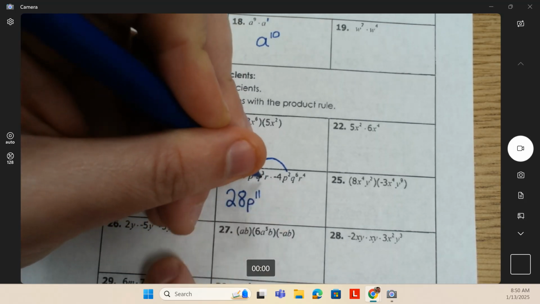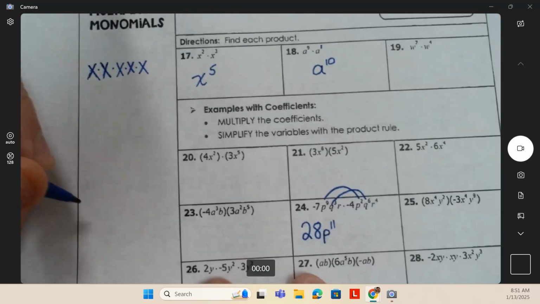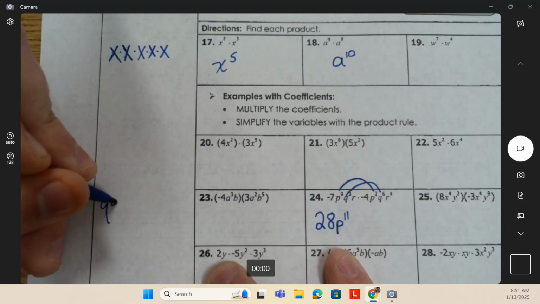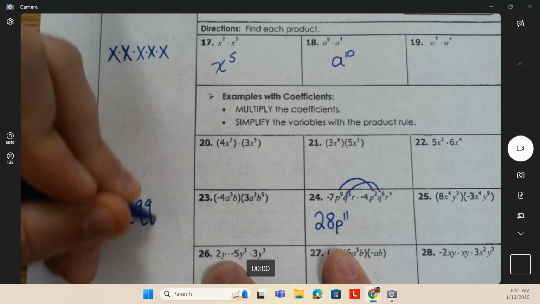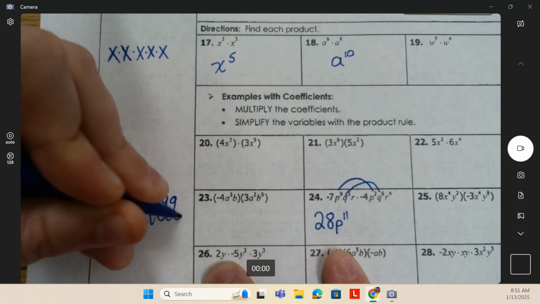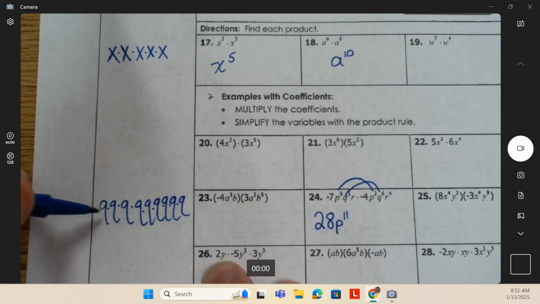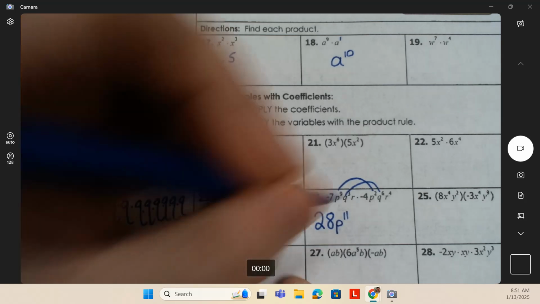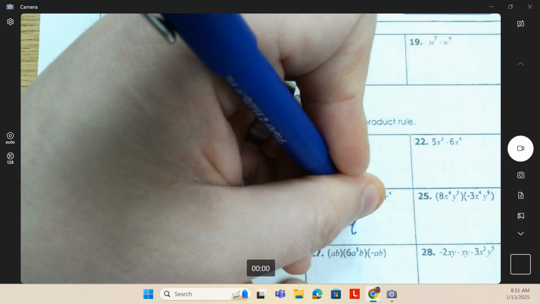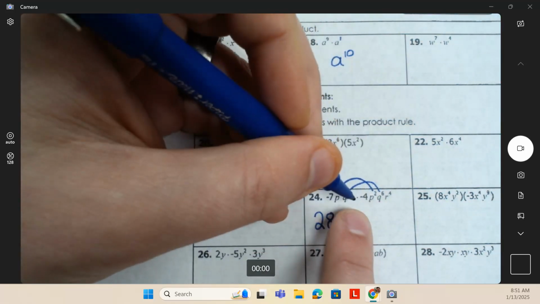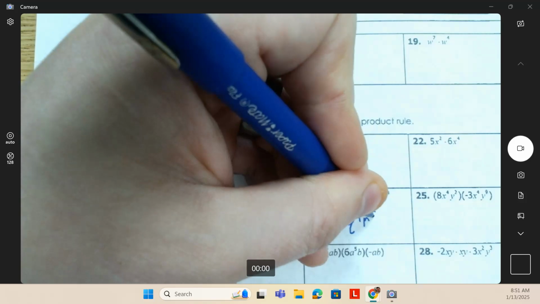And then q to the third times q to the sixth. Remember, q to the third would be q times q times q, and to the sixth, 1, 2, 3, 4, 5, 6, all multiplied together. I count those up and add them together, I get q to the ninth. And I have r to the first and r to the fourth, so add those together and you get r to the fifth.